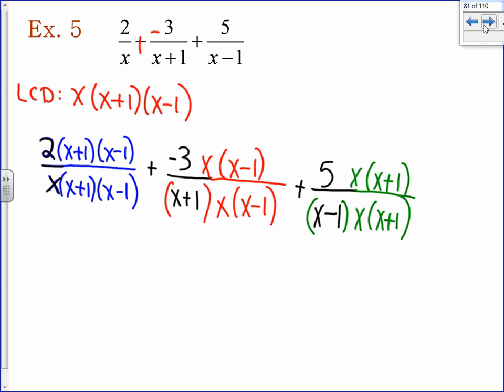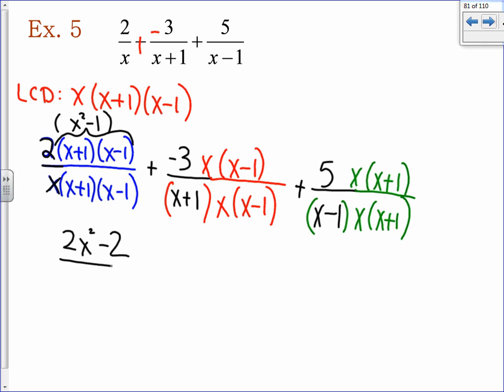Okay? So if you do the FOIL first and then distribute the 2, you will always get it right. So x plus 1 times x minus 1 is x squared minus 1. And then if you distribute the 2, you will get 2x squared minus 2. Any questions on that?